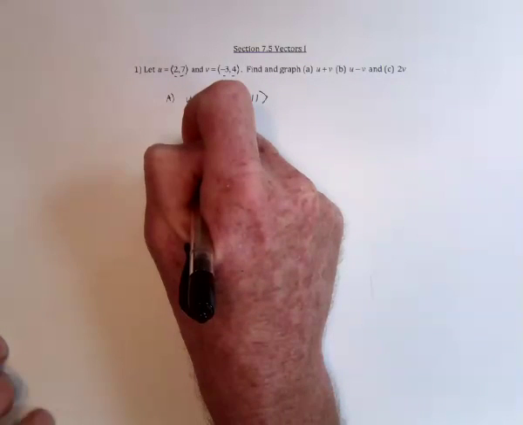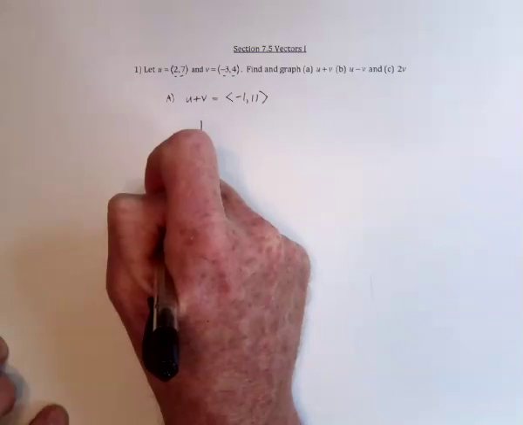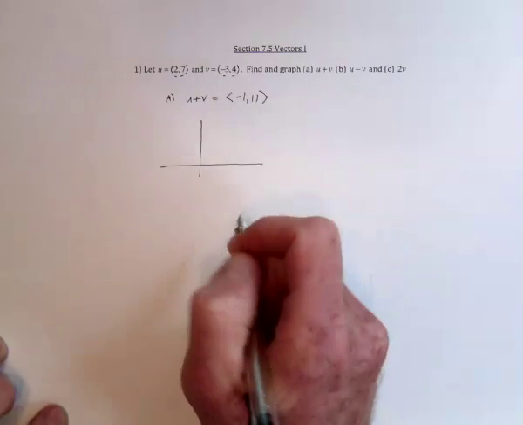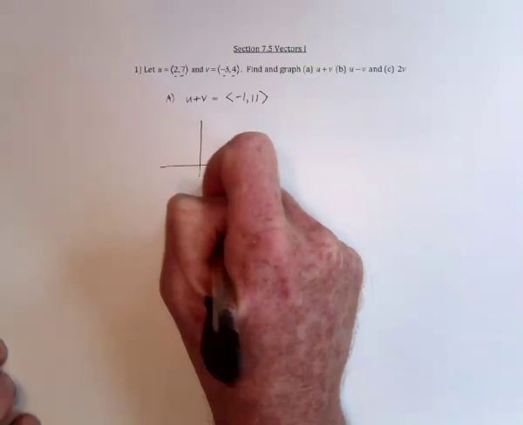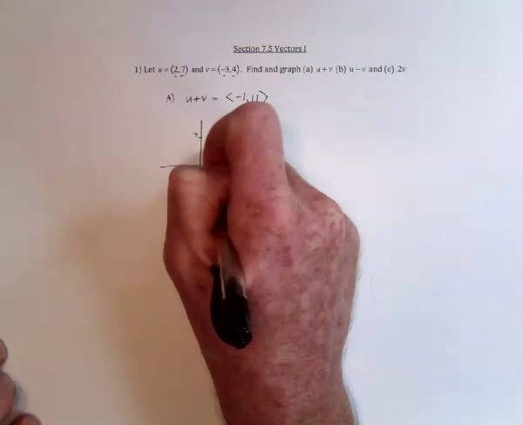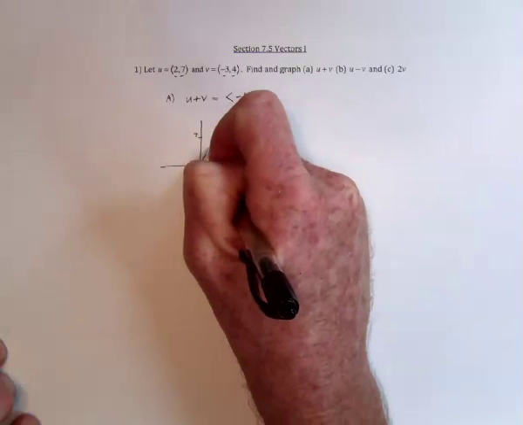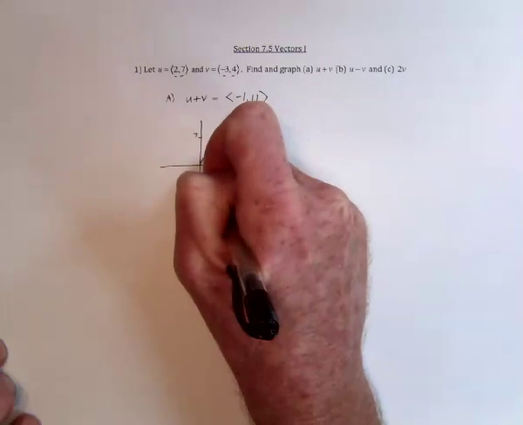Now, if you take a look at the graph, the original graph was, let's go over to 2 and up to 7. There's the vector u.